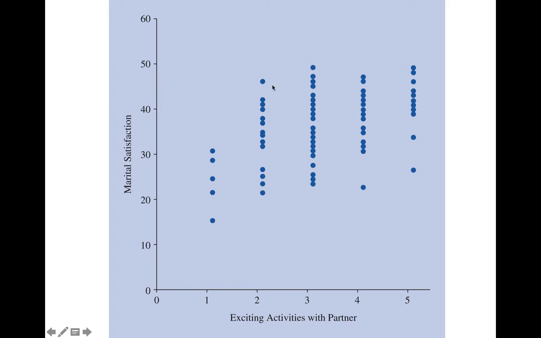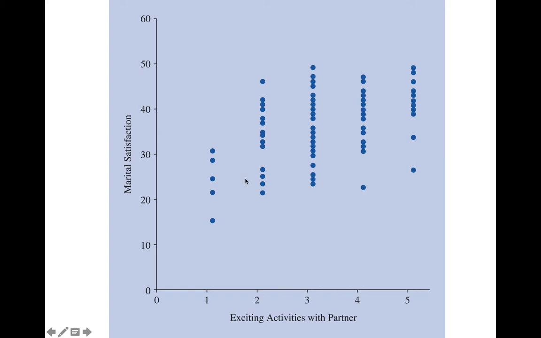Okay? But the main take-home is that each one of these dots represents a person, and you can see that each person has two values, a value on the x variable and a value on the y variable, which can be plotted in this two-dimensional space. And this reveals the shape or the form of the relationship. So what we can kind of see is that these data trend in a positive direction.